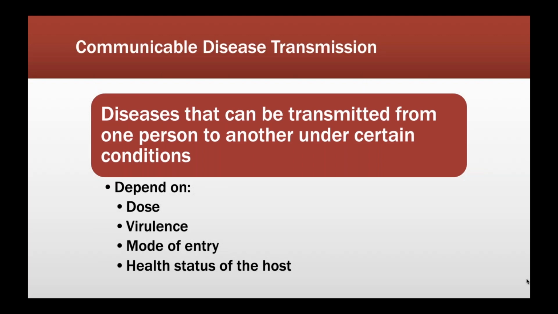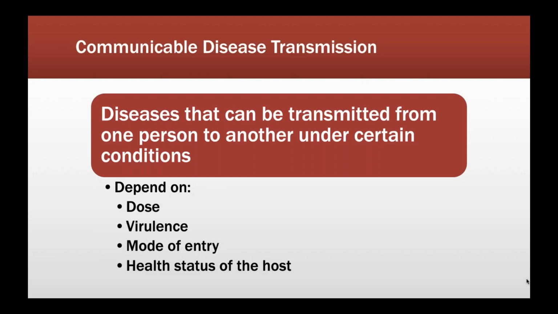Some of this is dependent upon the dose. How virulent is the pathogen, meaning how infective, if you will? And how did it actually get in? Is it something that hit mucous membranes? Was it inhaled, ingested, or transdermal? And then what is the health status of the host?